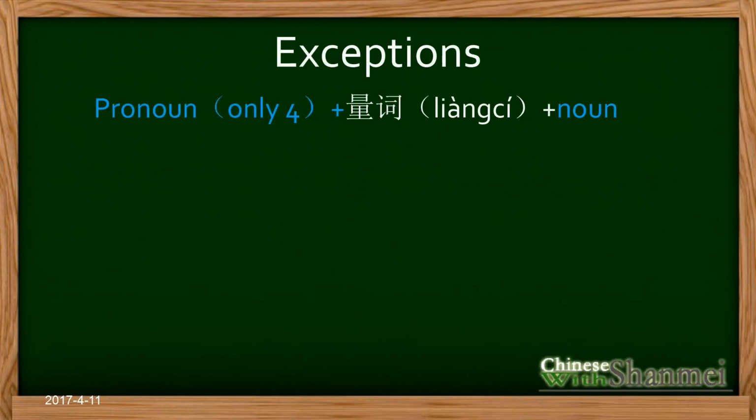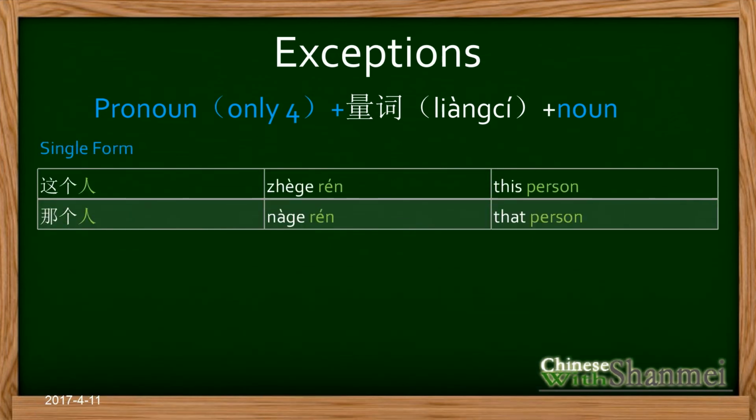Here's another exception. With the structure, you can also use pronoun, classifier, and noun. But here, the pronoun only means 4 pronouns. I'll show you. You can read after me. 这个人，那个人。Here's the single form.